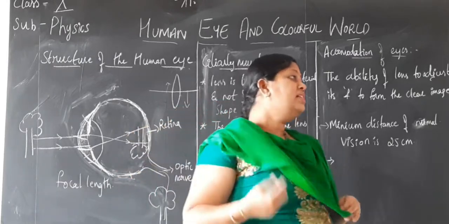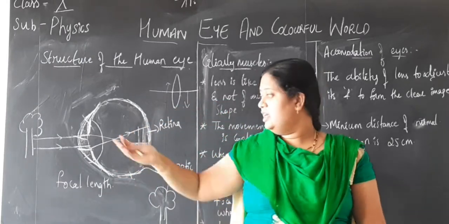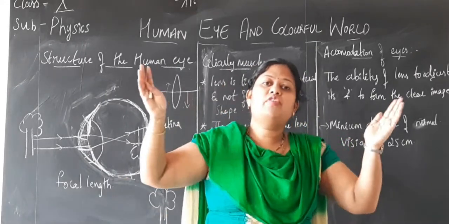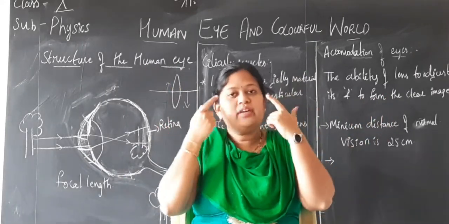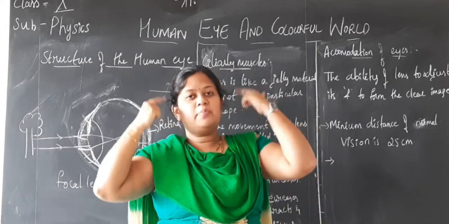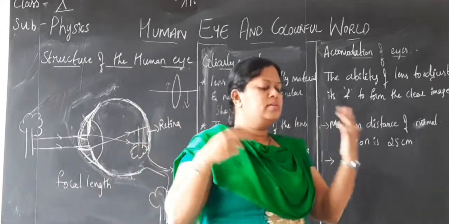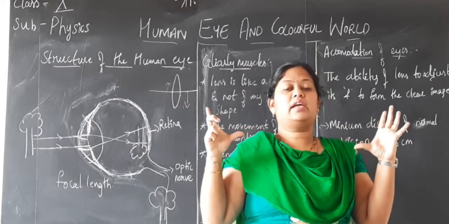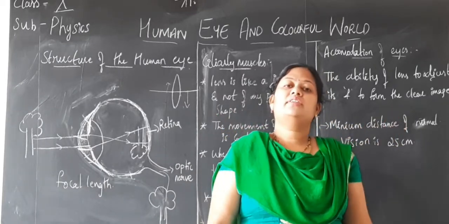So this property of the lens, that is the crystalline lens which is present in our eyes, to adjust its focal length, it is doing on its own, right? The signals are passed on to the brain that I am not able to see the object clearly, and then you either contract or expand depending on the situation.